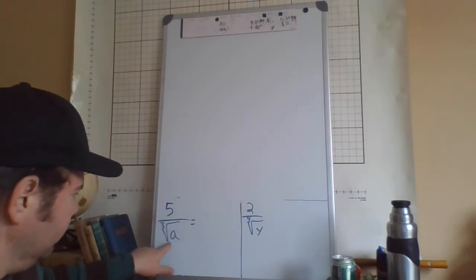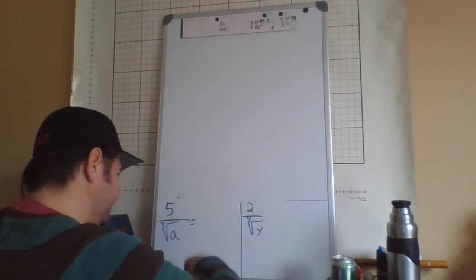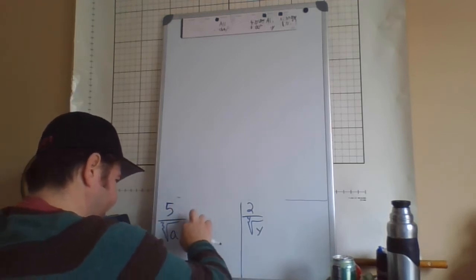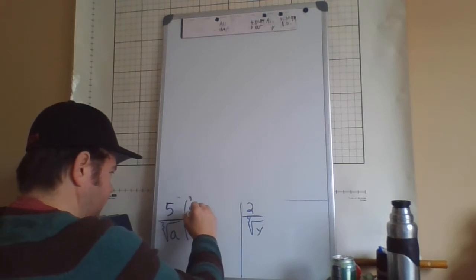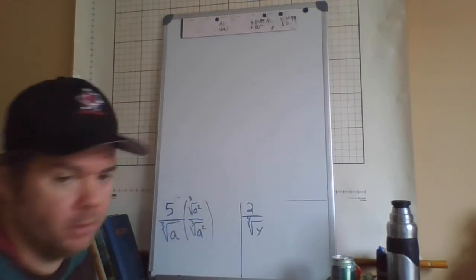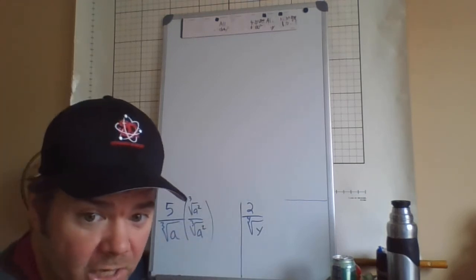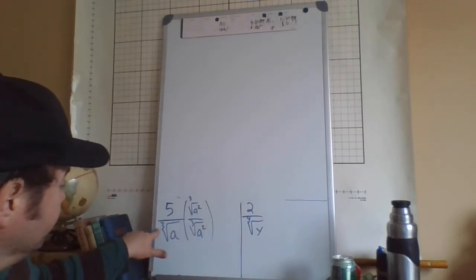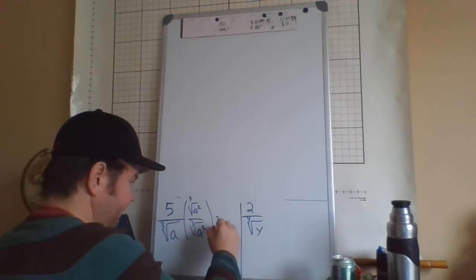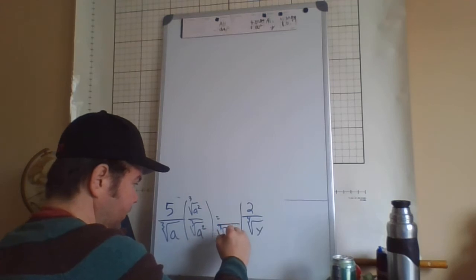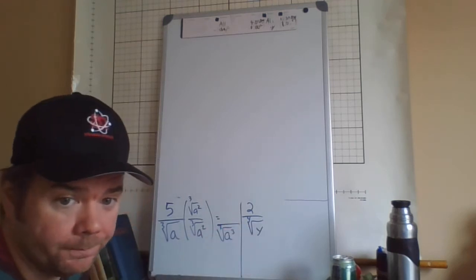So I need to multiply both top and bottom by the third root of a squared, because the third root of a times the third root of a squared is the third root of a to the third.